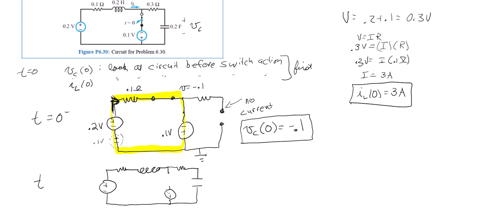So this is now at t equals 0. I have 0.2 volts here. I have 0.1 ohm here. And I know that my voltage here is minus 0.1.